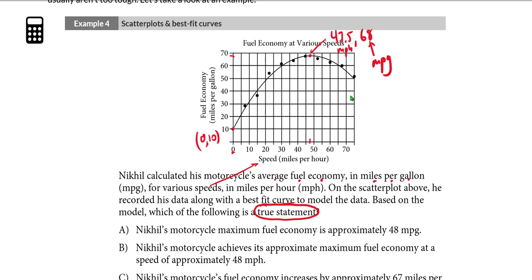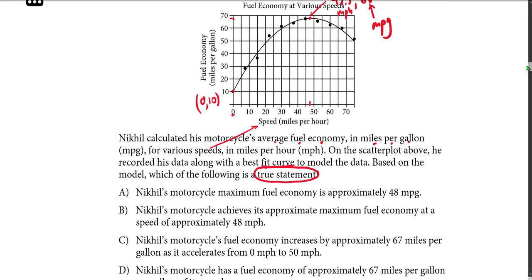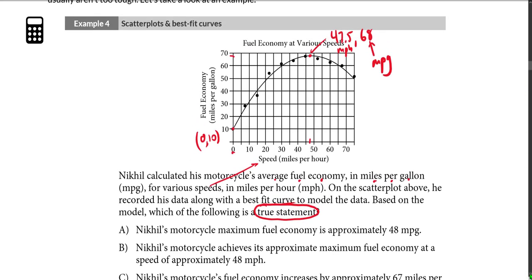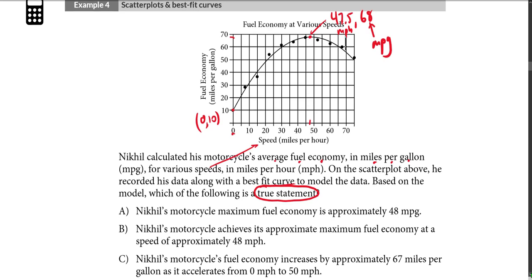So again, there is a little bit of legwork we could do before we look at the answers, but in terms of a question like this, probably best just to go one at a time through the answers and see which one actually is supported by the curve. So answer choice A, Nikhil's motorcycle maximum fuel economy is approximately 48 miles per gallon. Well, 48 miles per gallon is here, right?